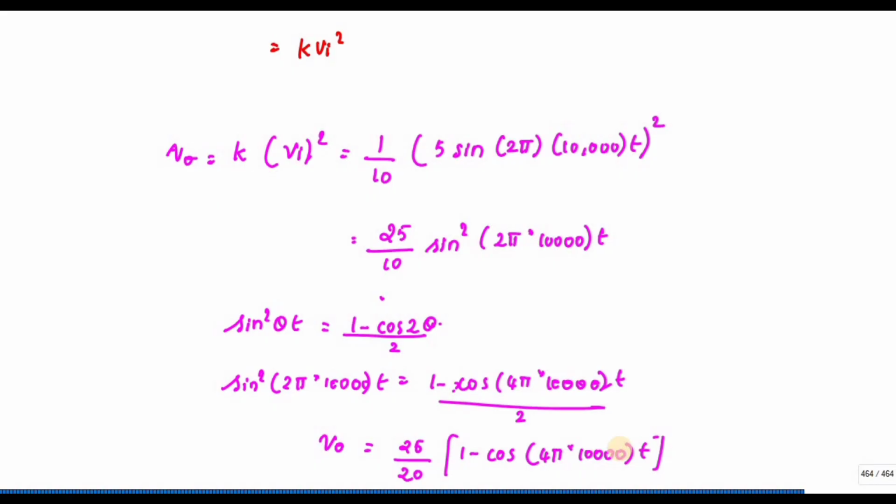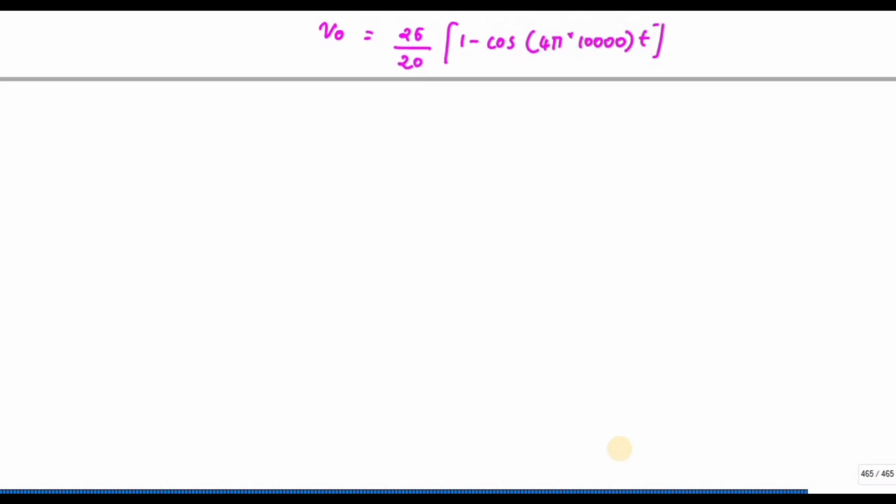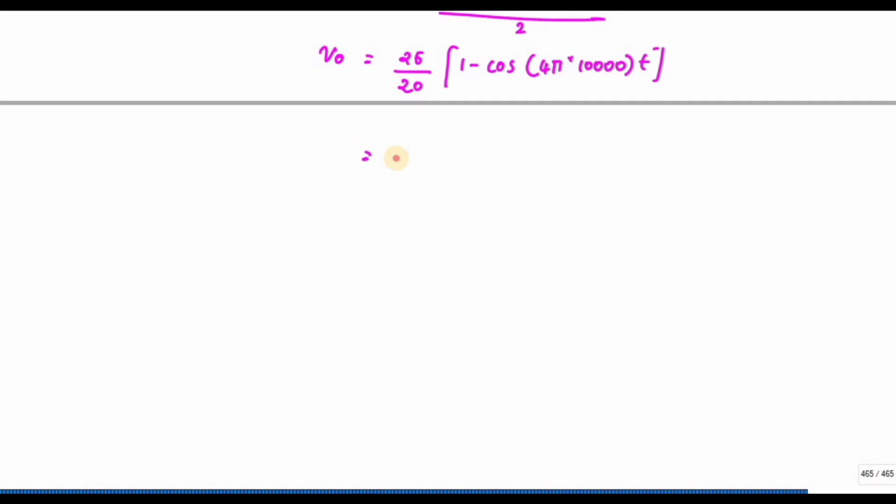We know this one, right? What is 25 divided by 20? This is nothing but 1.25, minus 1.25 cos of 4 pi into 10,000 t. Here you can see this is my DC term.